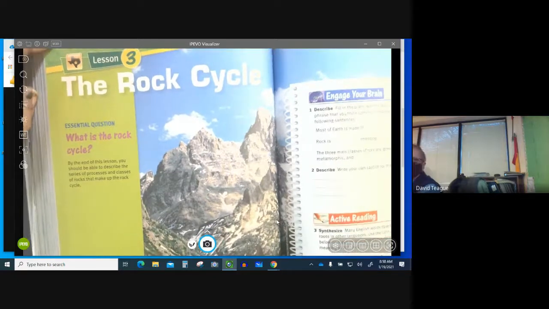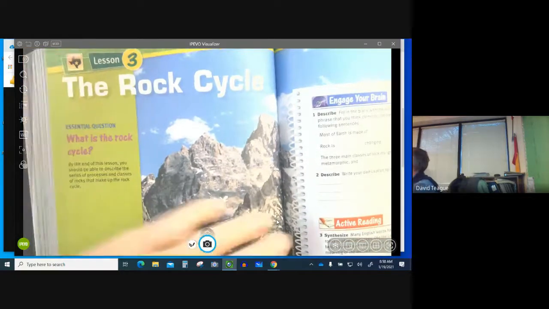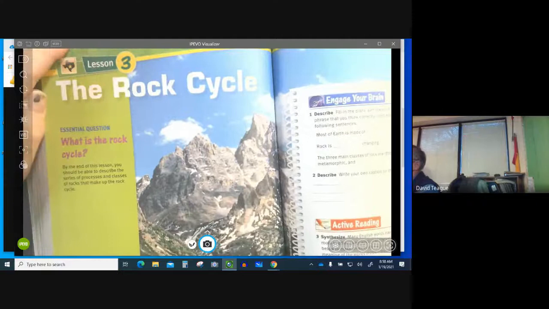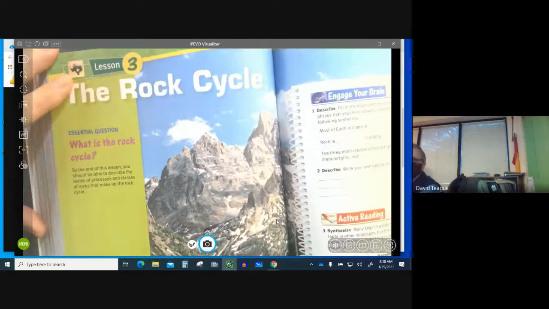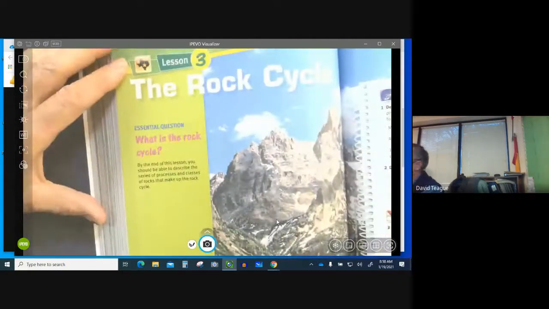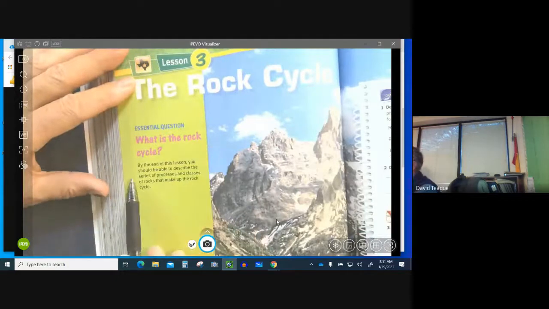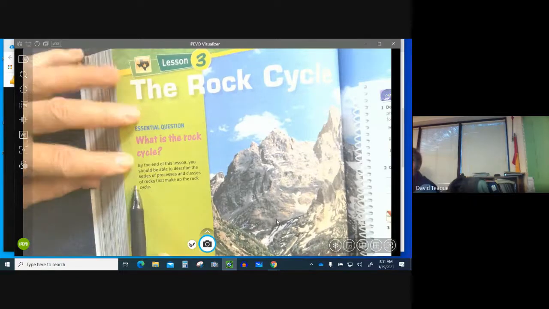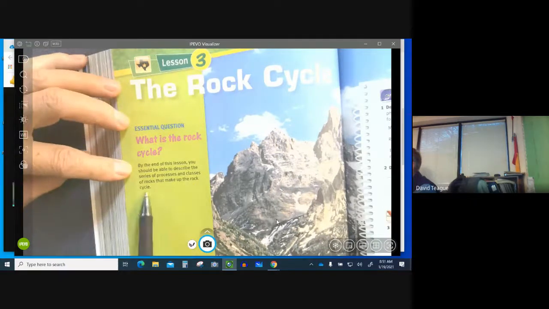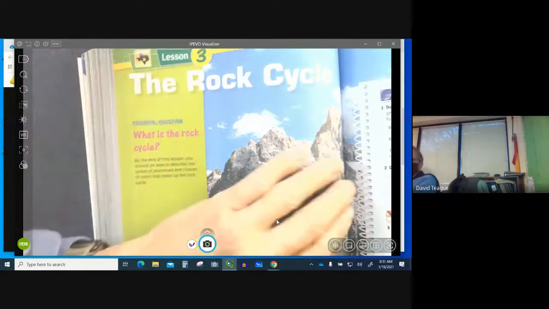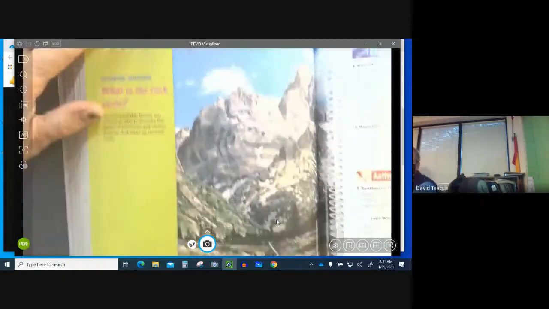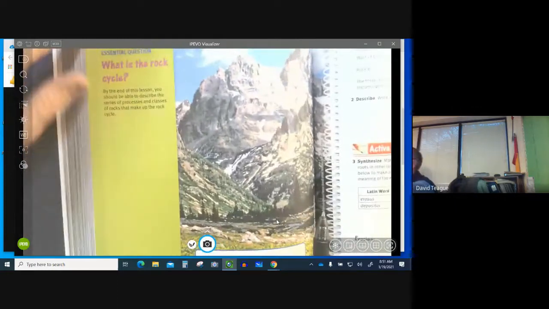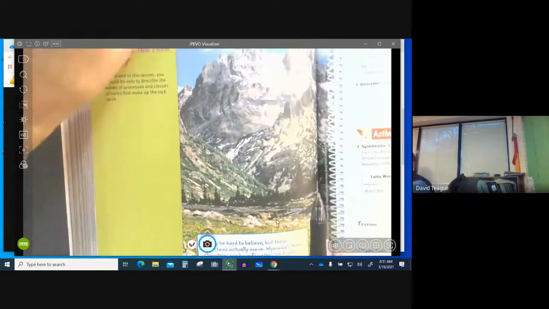Okay, 366. So we're learning about the rock cycle. The essential question is, what is the rock cycle? By the end of this lesson, you should be able to describe the series of processes and classes of rocks that make up the rock cycle. We have this picture of this beautiful mountain right here. Let me move my book up.